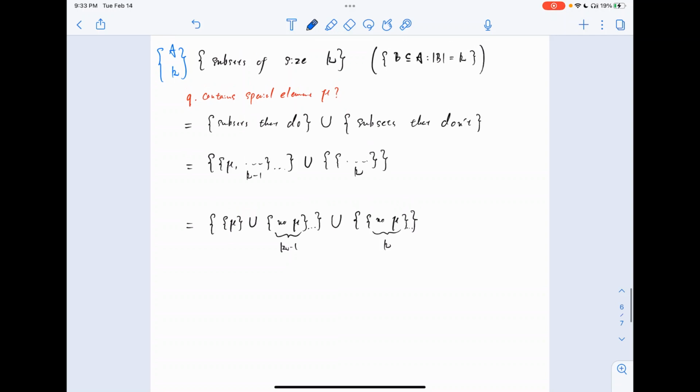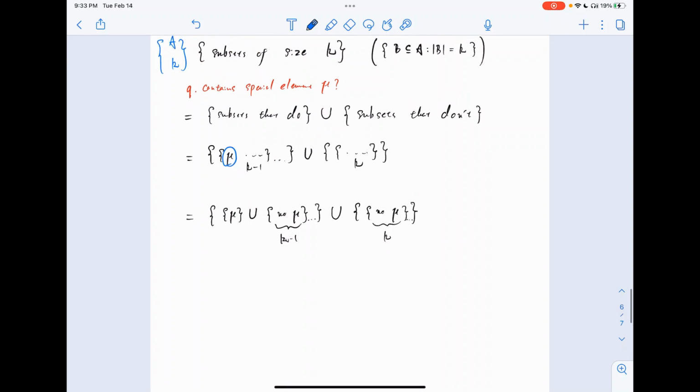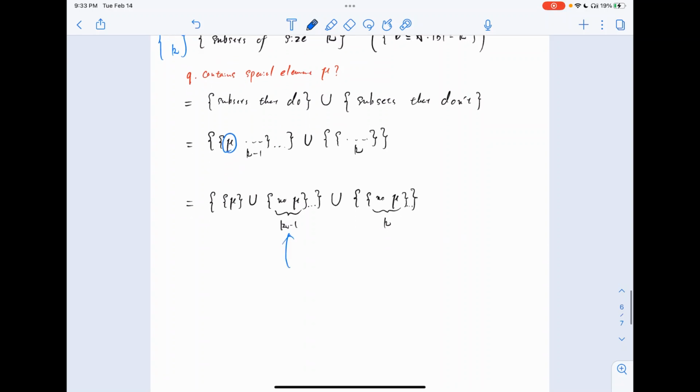Essentially, we pick some special element mu, and then according to this last step, what I have to generate are all the subsets where I remove the element mu from the original set in which I'm drawing from. No mu. And then I am finding all the subsets of length k minus 1, and then I'll be adding mu back into them.